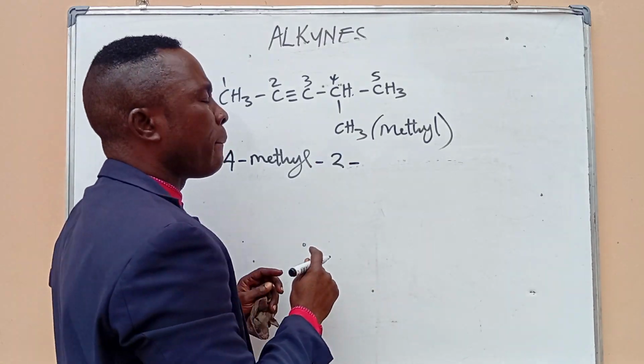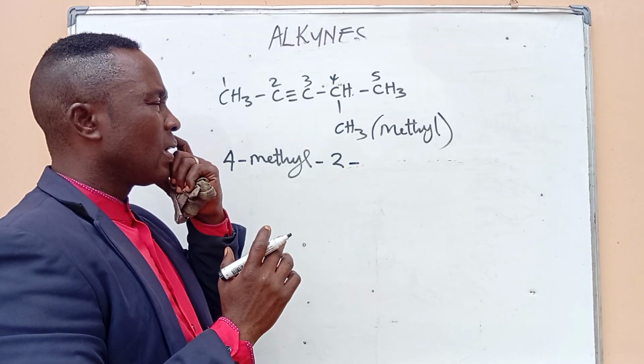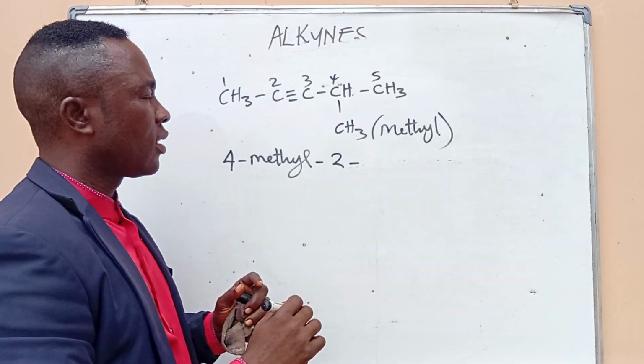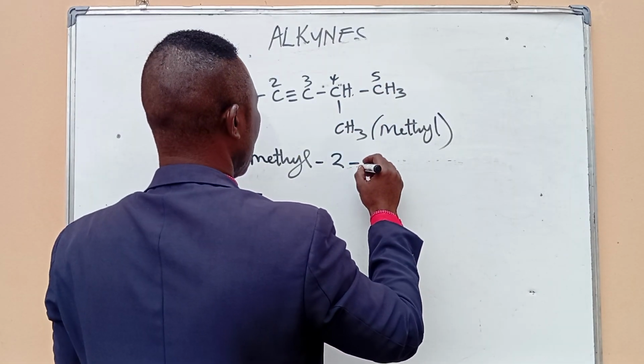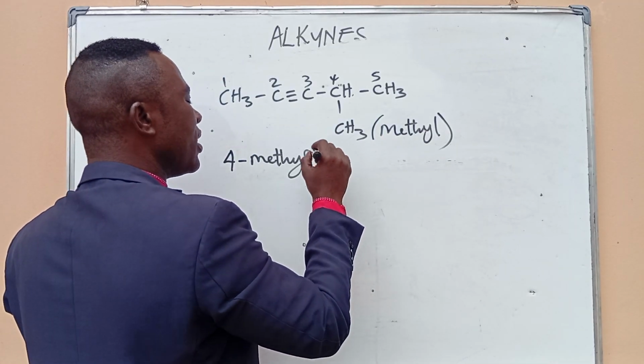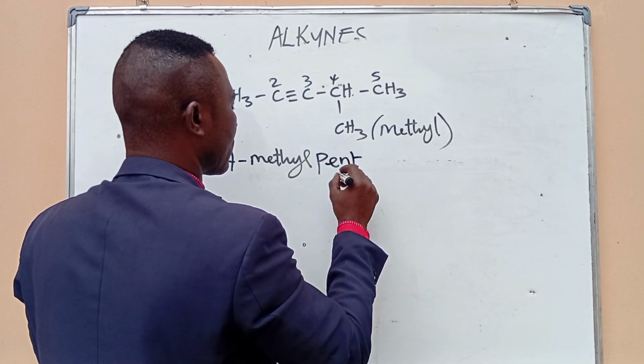Then you complete the parent compound. The parent compound has 5 carbon atoms, and that is pent.